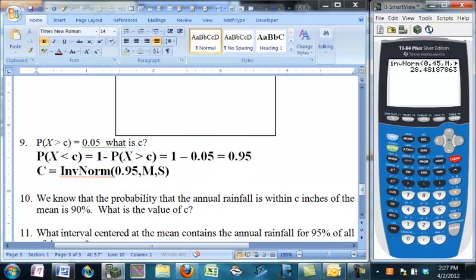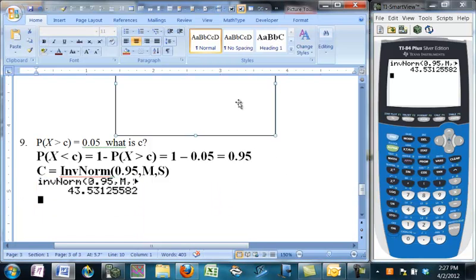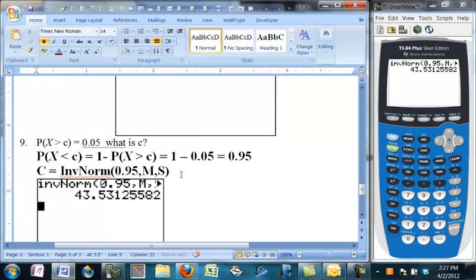Okay, so let's do that. Inverse norm, but we need to put in 0.95. Notice that we had to do our subtraction first to figure out the right percentage to put in, and then it's just a straight inverse norm for the answer, which is about 43.53125582, and that's inches.